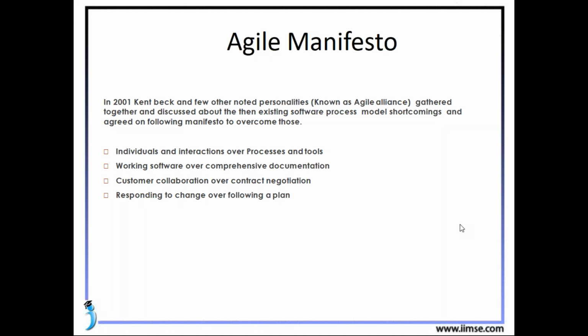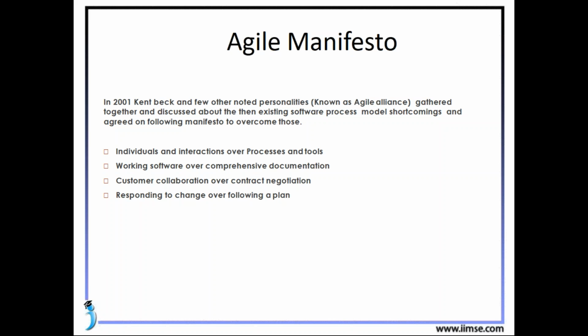Now, rather than focusing on the process and tools, so right side things were, so left side things were given more weightage than the right side things, like individuals and interactions over processes and tools. So in the waterfall model, there was lots of focus on processes and tools.